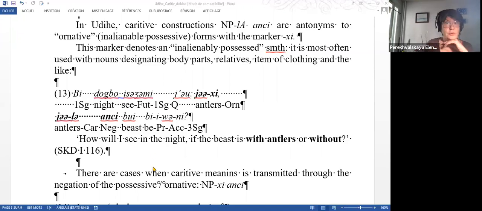Как я ночью вижу зверь с рогами или без рогов? So here we obviously see these constructions are in fact antonymous. And as the construction with he always expresses inalienable possession, it means that probably the caritive construction with anchi negates this possession.